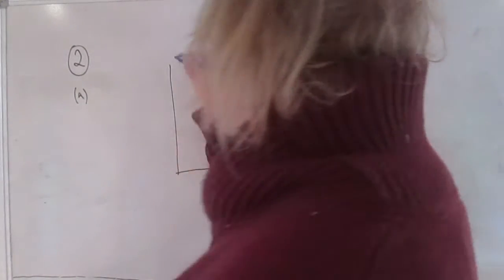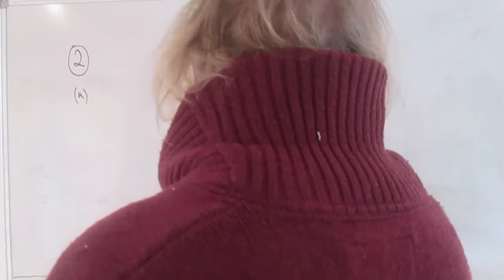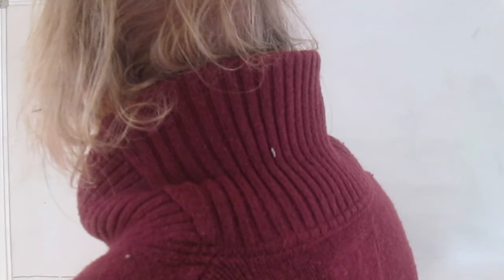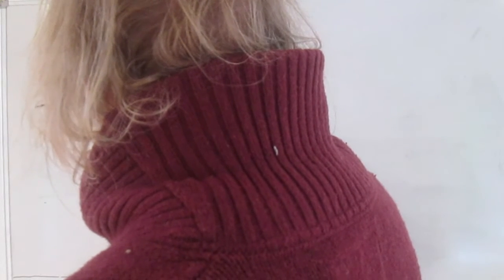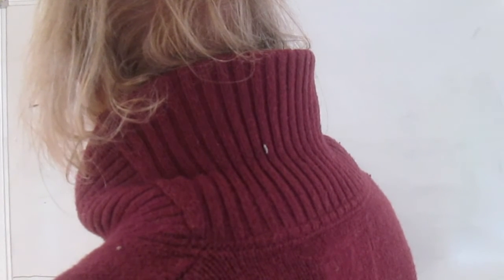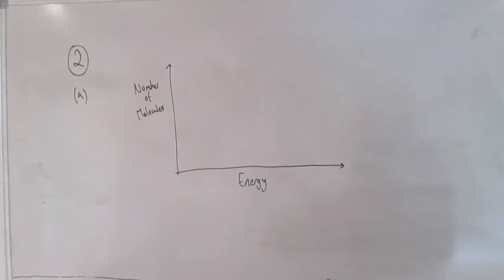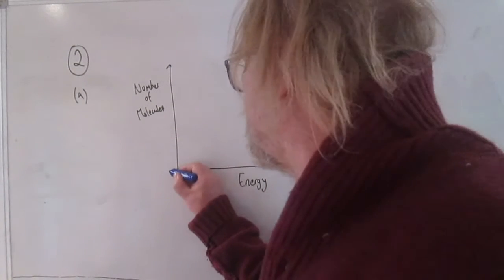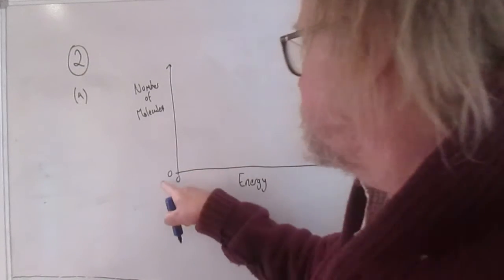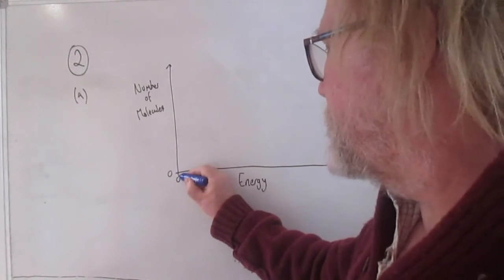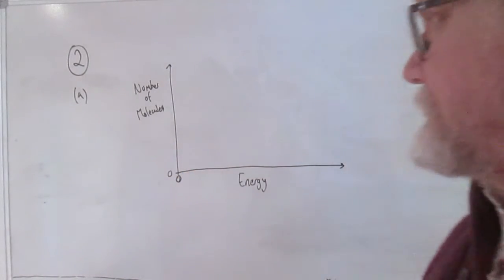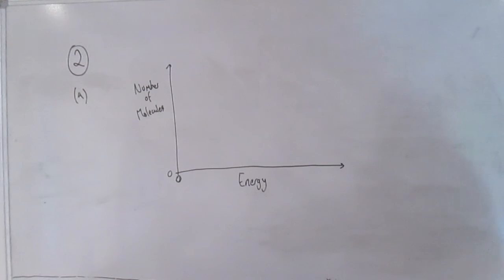And on this axis we normally just write number of molecules, which seems slightly mysterious, but in reality it's a statistical thing called the probability density, but we're not getting into the maths of that, so we're just simplifying it by writing number of molecules like that. And both of these scales are starting at 0, so you probably don't absolutely have to do that, but it's a good idea to make it clear that that's the origin.